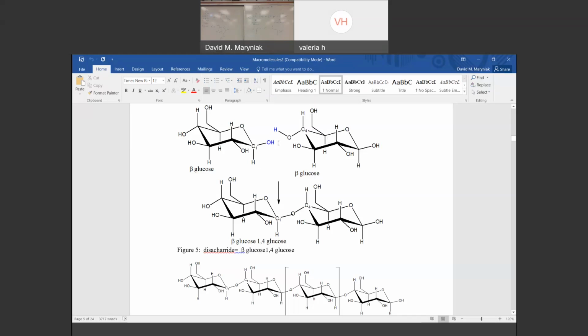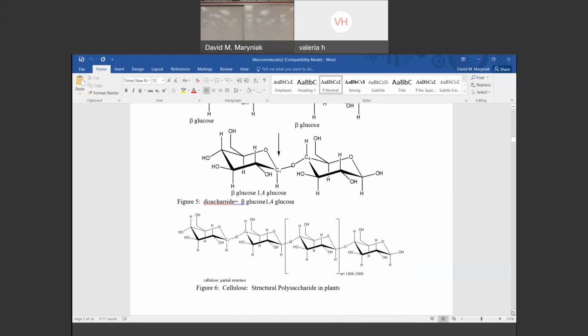Because when we look at these glucoses, this is carbon number 1, 2, 3, 4, 5, and 6. So can we make sense of that name? And if we do that a few more thousand times, would we still call it a disaccharide or a polysaccharide?